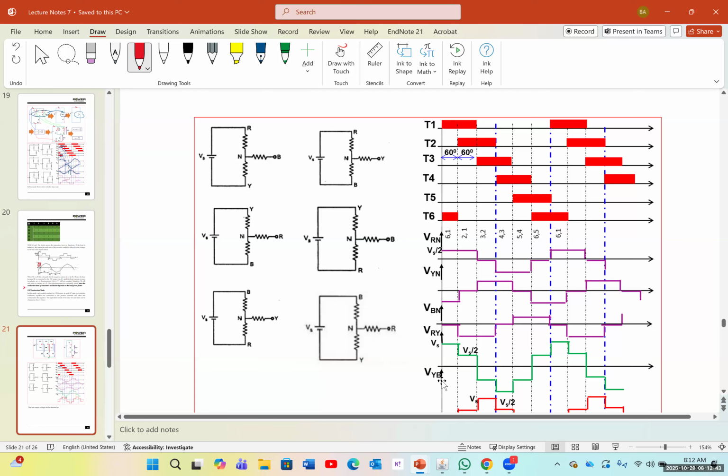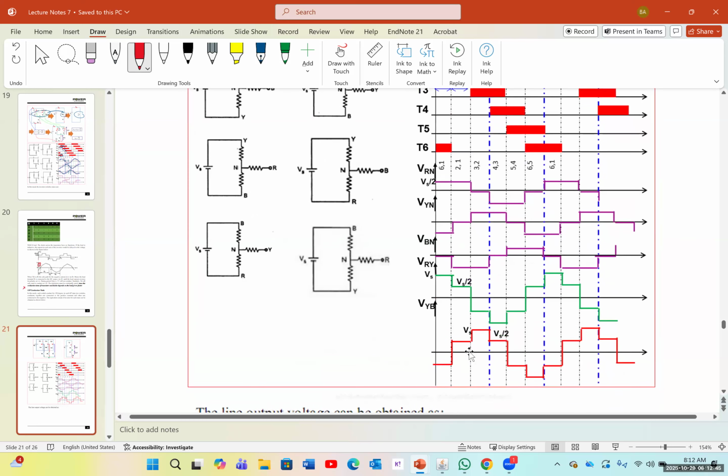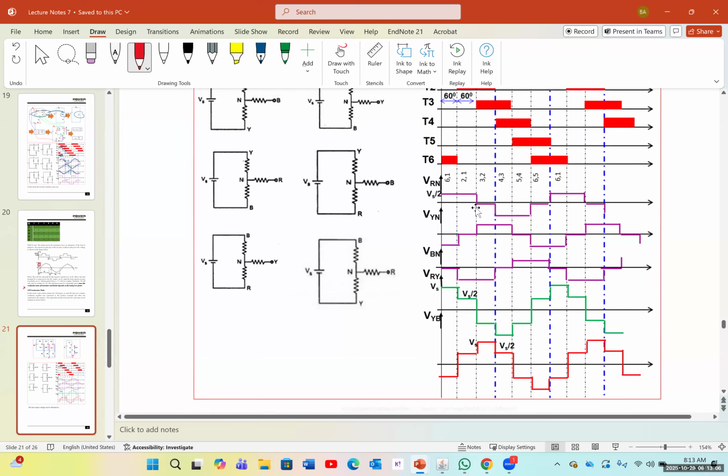So you can see that the line voltage, for example Vyb, is the summation of the voltages, for example Vyn and Vbn. By adding those, you can see that we create a step voltage that is closer to a sine wave compared to the square voltage.